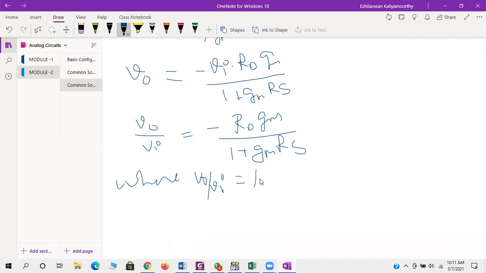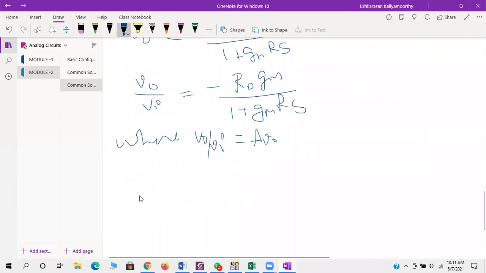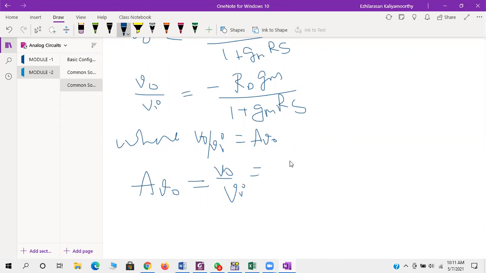Where this V naught by VI is AV naught, that is the open circuit voltage gain. So we can say AV naught is equal to V naught by VI is equal to minus RDGM divided by 1 plus GMRS.